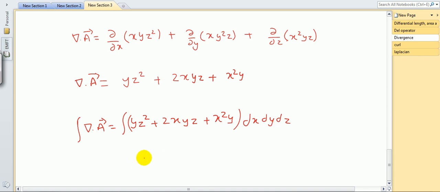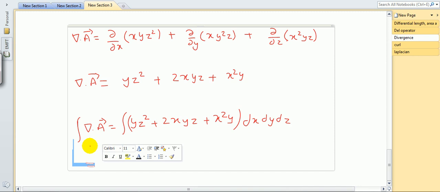So I can simply solve this. First I will solve for the z component.